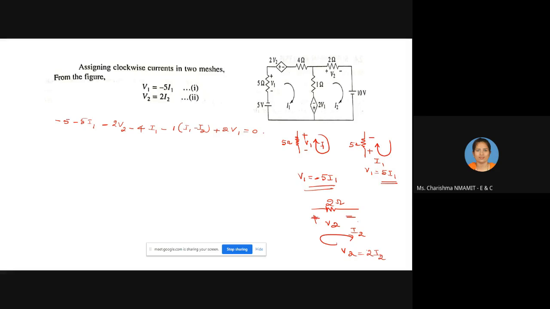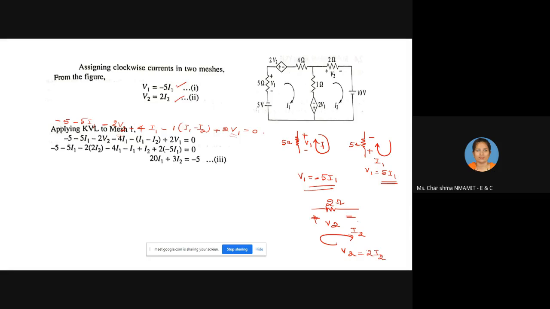Now in this equation, along with I1 and I2, you have two more variables, that is V1 and V2. For V1 you know it is minus 5I1, V2 is 2I2. You substitute those so that you will get the equation only in terms of I1 and I2. After substitution, you will get the equation as 20I1 plus 3I2 equal to minus 5.